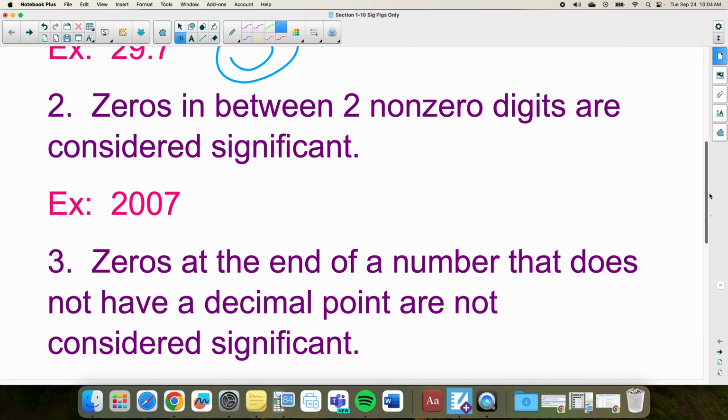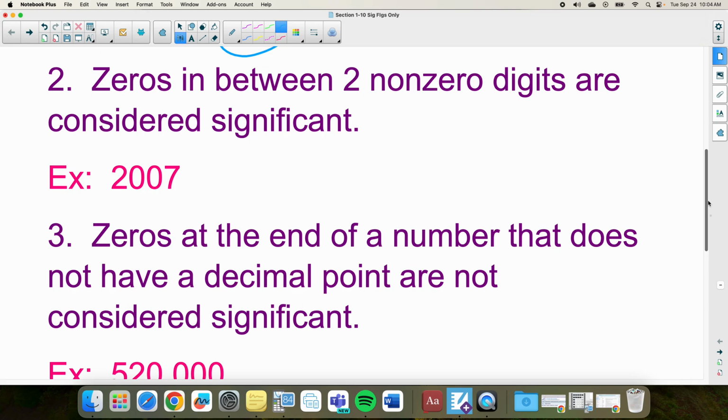Now, the second rule is what if you have a number such as 2007 where you have zeros in between 2 numbers that are not 0. When you have that, if those zeros are in between 2 numbers that are not 0, these become significant.